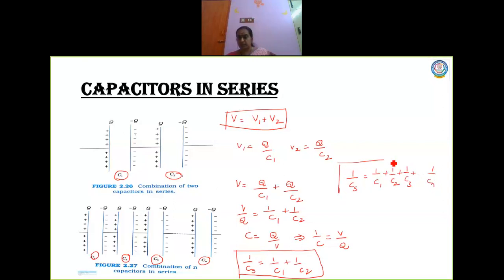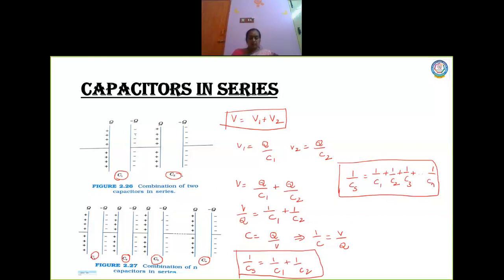So if you connect n number of capacitors, the resultant will be as above. Now I am just going to say in words what will be the effective capacitance when capacitors are connected in series.